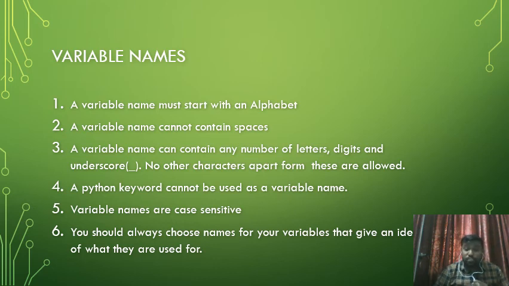We should always choose names for our variables that give an idea of what purpose they are used for. For example, if I'm going to add two values a and b, so a plus b, I should give sum or add as the variable name. This is the important thing while we are creating variables.